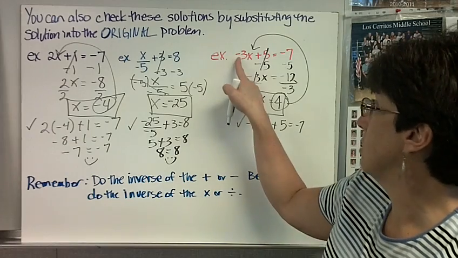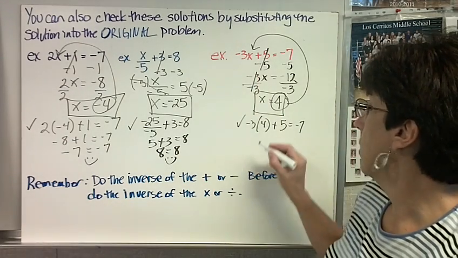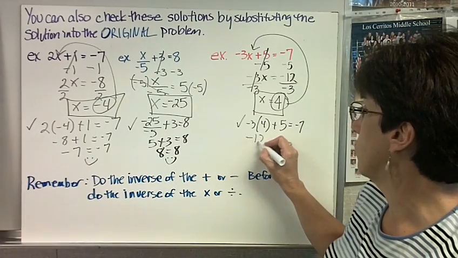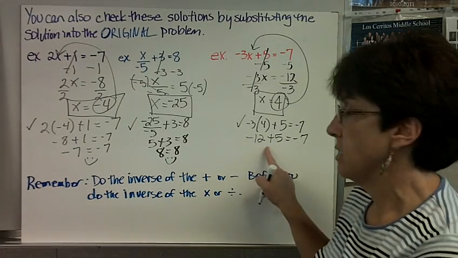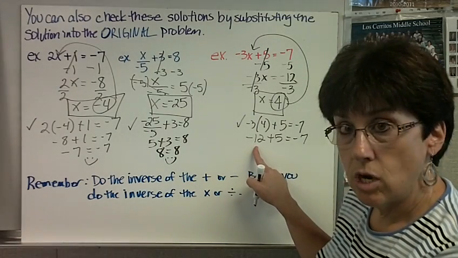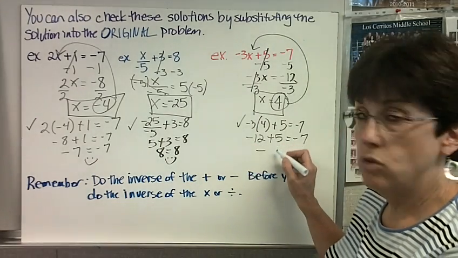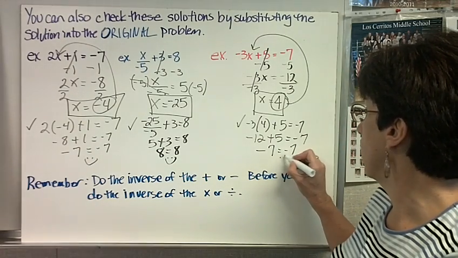This equation is the same as this, except I've substituted the x with the 4. Negative 3 times 4, negative 12 plus 5 equals negative 7. The signs are different, so we're going to subtract. There were more negatives to start with, so our answer will be negative. 12 take away 5 is 7. Negative 7 equals negative 7.